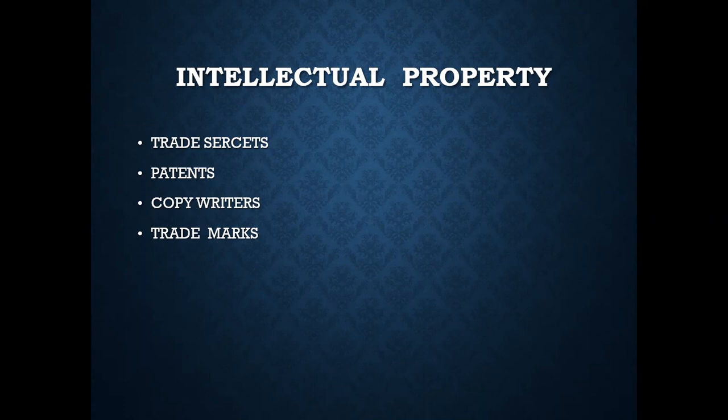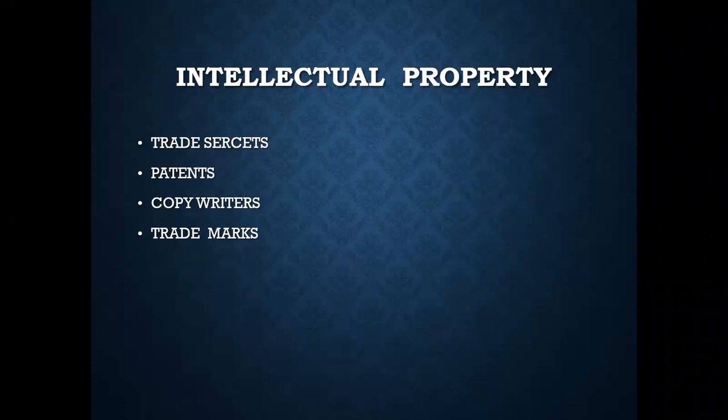The first is trade secrets. This protects, for example, your ingredients. If, let's say, you are Popeyes, you've got chicken seasoning and batter, you want to protect it from anybody, and it's called a trade secret.